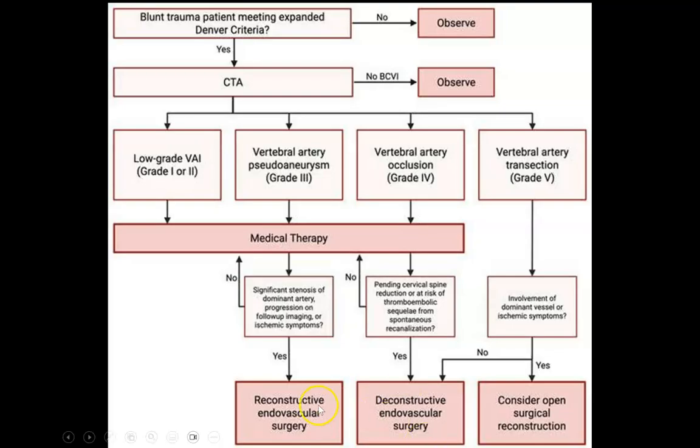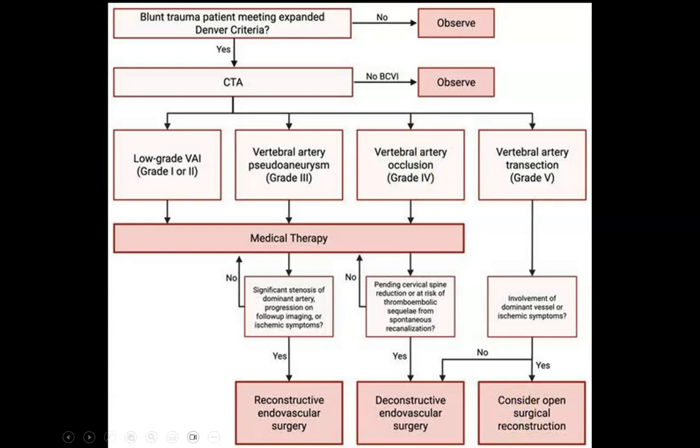So whether you reconstruct the vessel, if there is progressive neurological deficit that didn't improve after medical therapy, or you can occlude this vessel if it is tolerated by the patient, by a balloon or something. And of course, if you have evidence of transection by CT angiography, you should proceed to open surgical reconstruction.